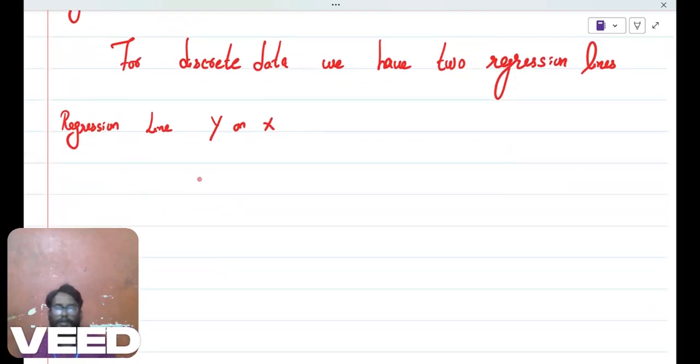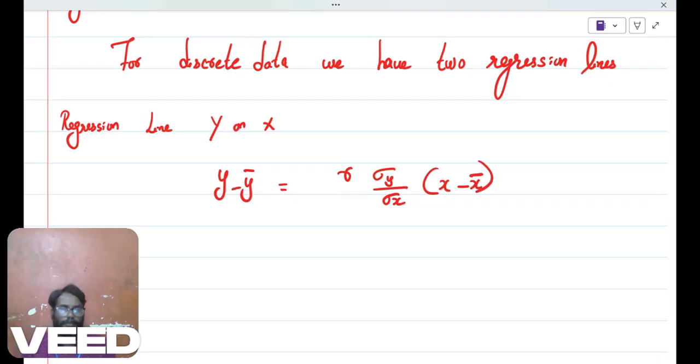It is denoted by y minus y bar is equal to r sigma y divided by sigma x into x minus x bar.